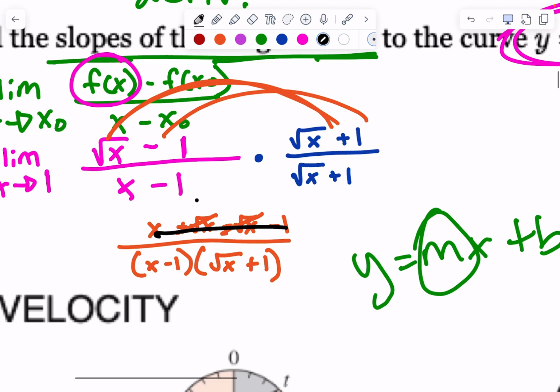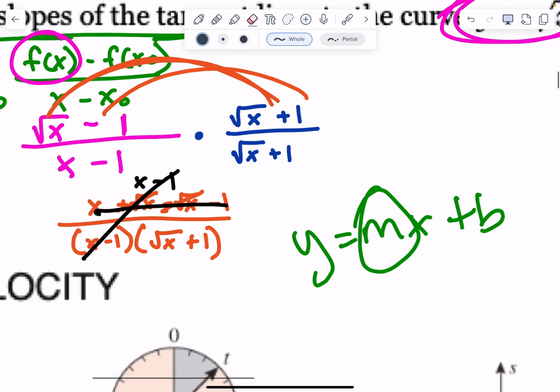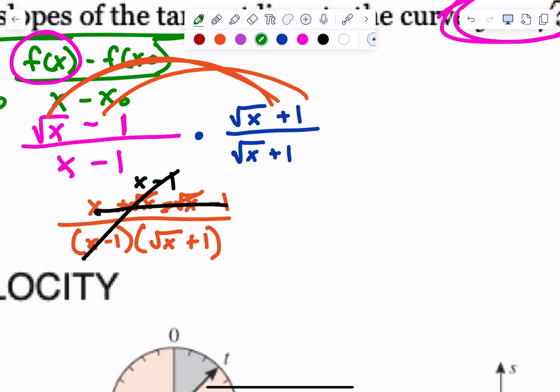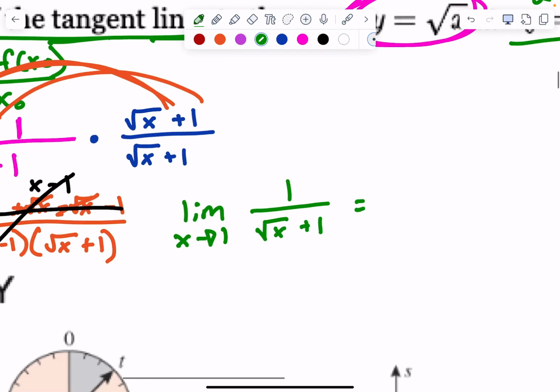So on the top, I have just x minus 1, because my middle 2 pieces cancel. Put 1 over it. Hey, check it out. Do you see what it is? Those cancel. So what I have left is the limit as x goes to 1 of 1 over the square root of x plus 1, which is 1/2.